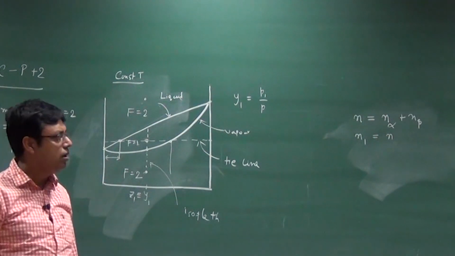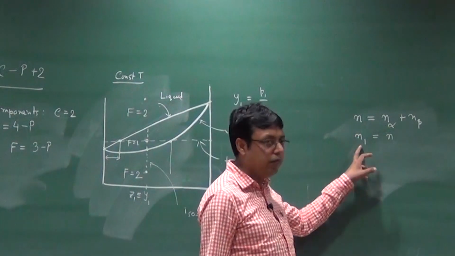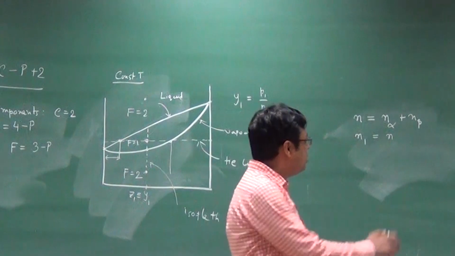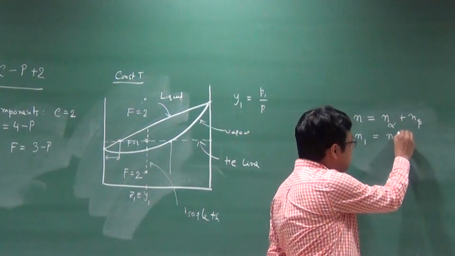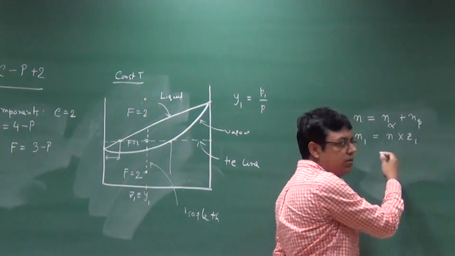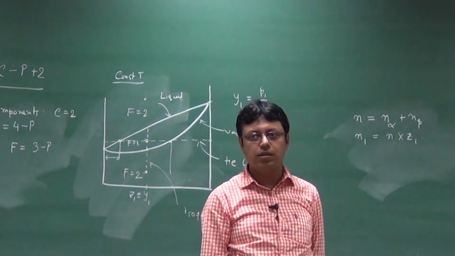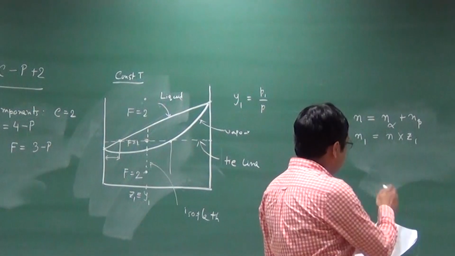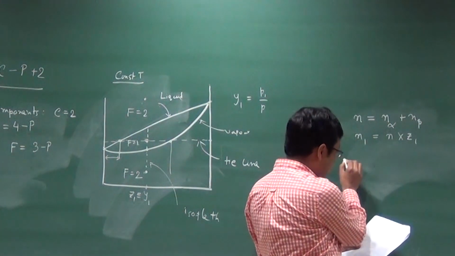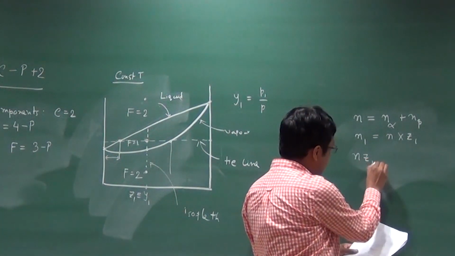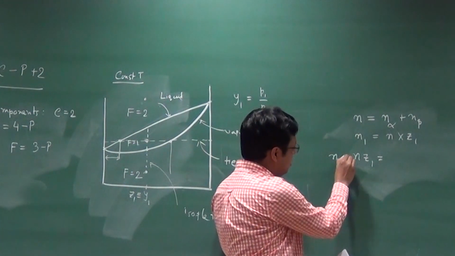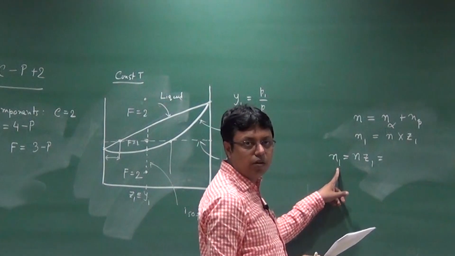Clear? So by definition, the number of moles of 1 in both alpha and beta phases should be the total number of moles times what you started with, suppose that is Z1. Then I can write N Z1, which is nothing but the moles of 1.